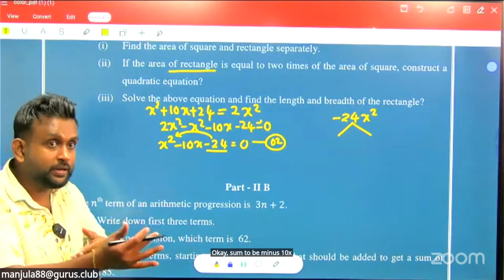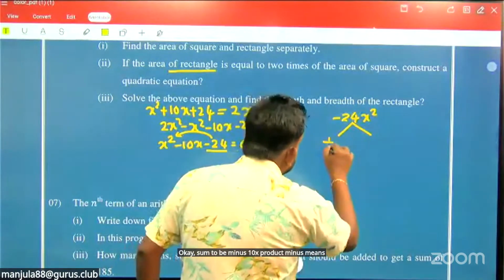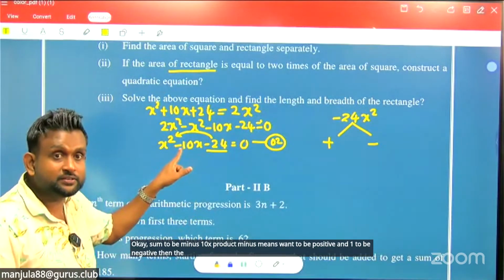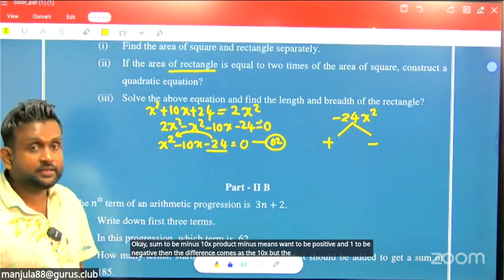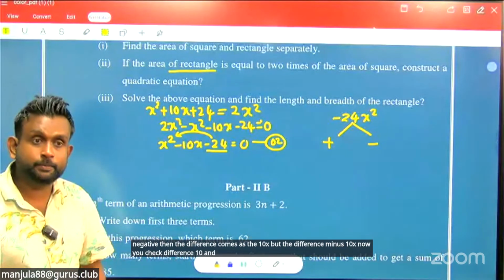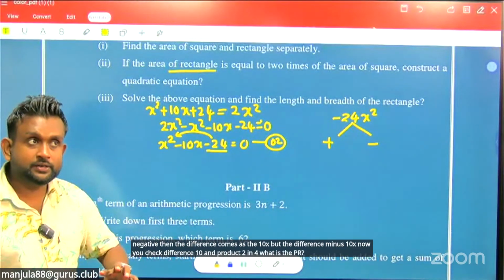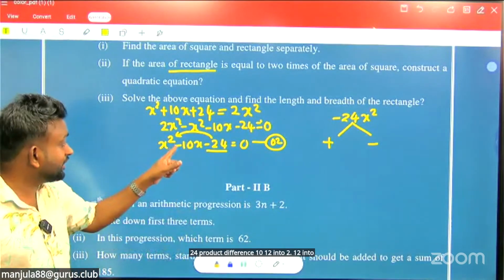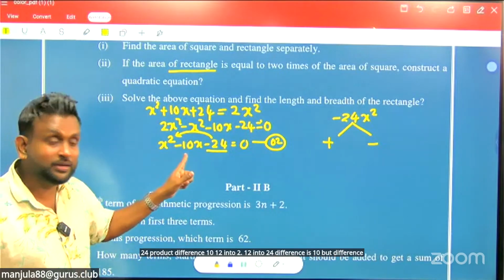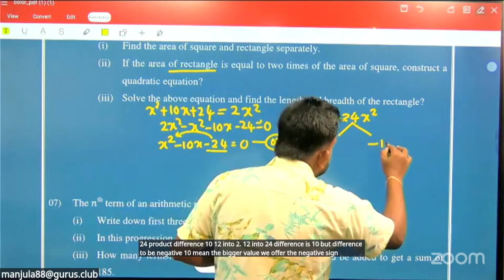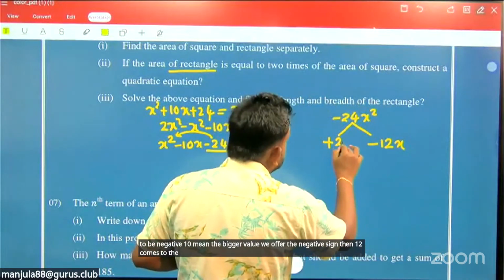Product minus means one is positive and one is negative. Then the difference comes as 10x, but the sum is minus 10x. Now check difference 10 and product 24. What is the pair? Product 24, difference 10: 12 into 2. The difference is to be negative 10, so the bigger value gets the negative sign: 12 comes as negative and 2 as positive.